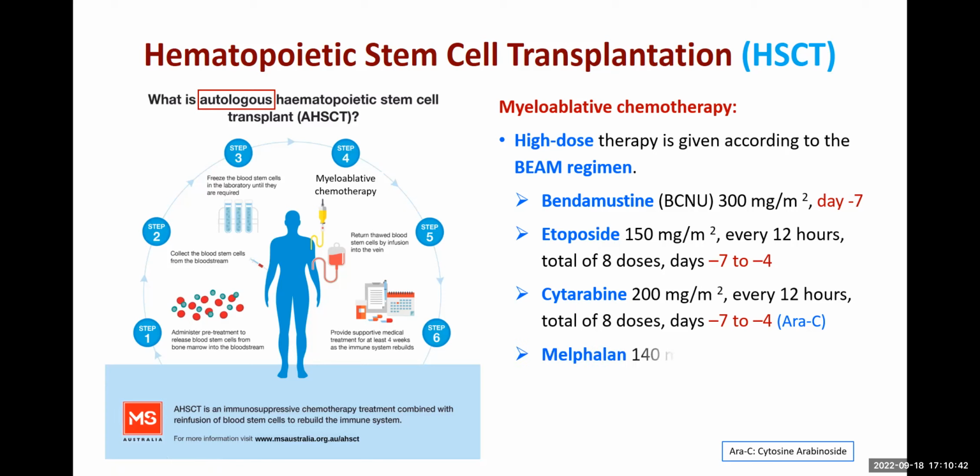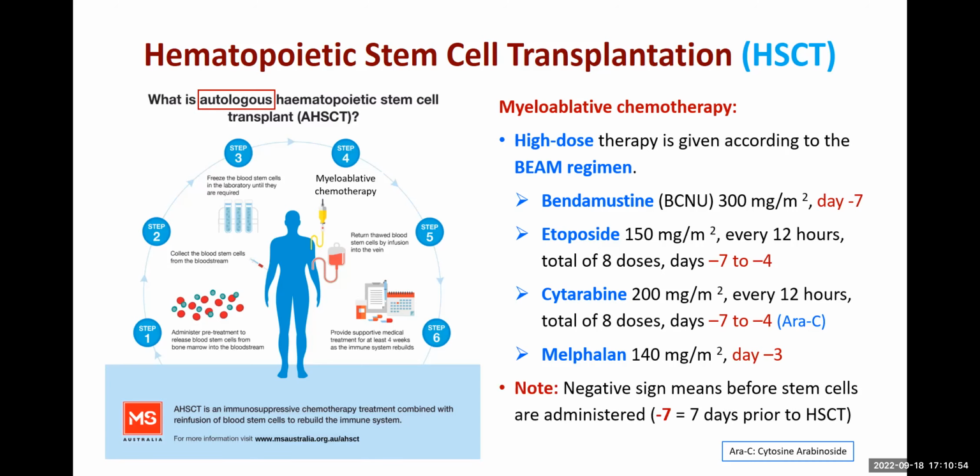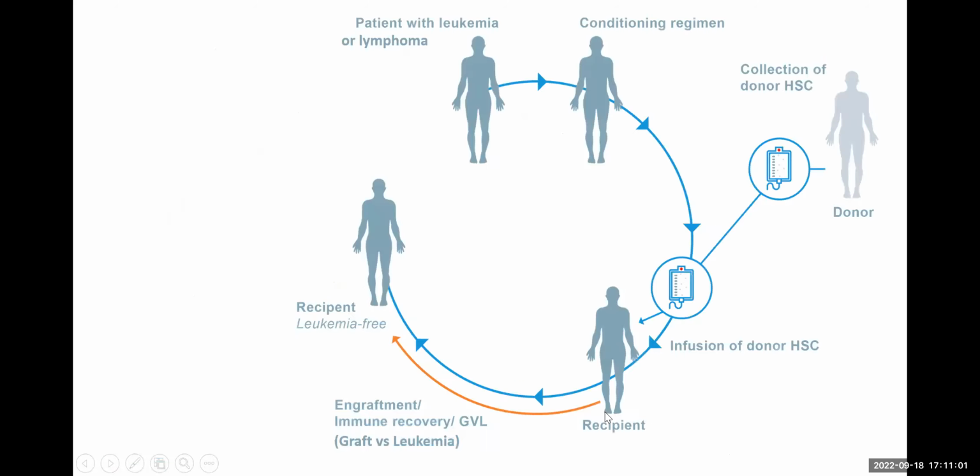Melphalan. So what are we doing with this regimen? We are destroying the bone marrow and the immune system, and then we will rebuild it from the cells from the same person, okay? A negative sign means before the stem cells are administered. Okay, this was autologous, and this is from another person, from a donor.